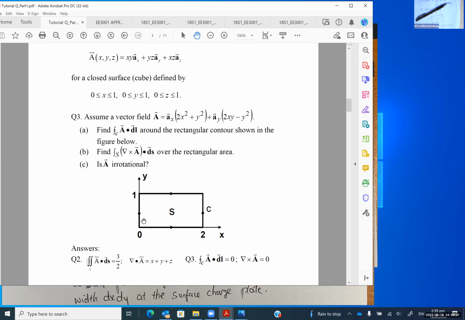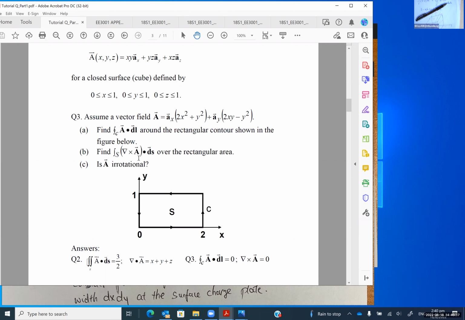So that encloses the surface, right? So you want to find that, which is the curl of the A field, dot with ds. So it's a double integral to find that. So your answer is you want to find whether A is irrotational from that answer that you found.